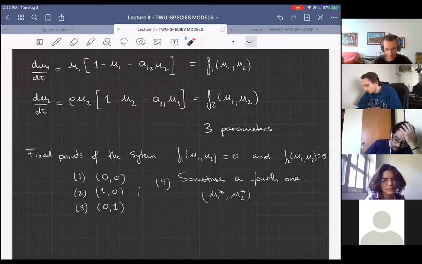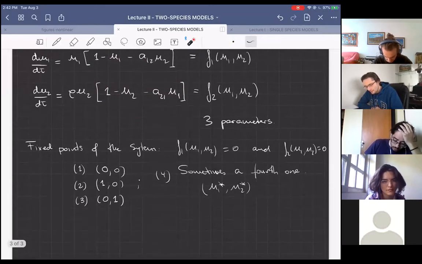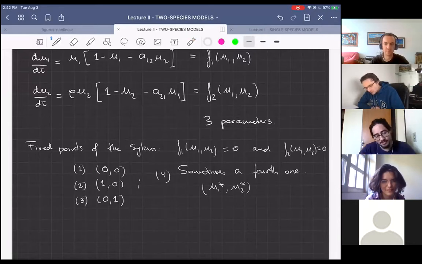So what we are going to do next is to calculate the stability of each of these fixed points. We are going to see what is the ecological meaning of this, and we are going to see if we can generalize this calculation in a way that we can be more systematic. That's what we are going to do until the end of the class. So this fourth point that I want to calculate, that sometimes will appear, as I said, comes from solving this.